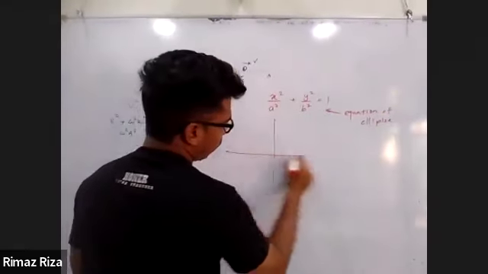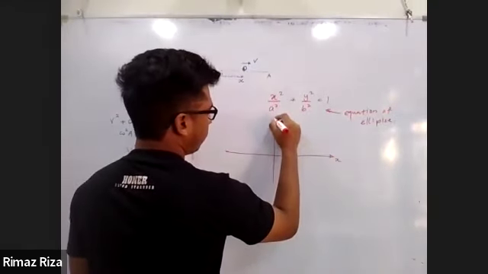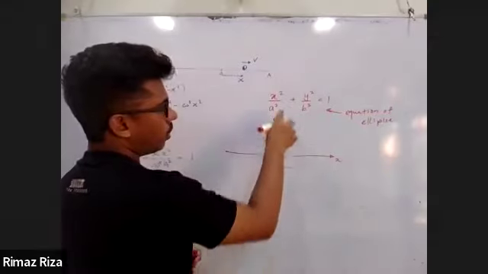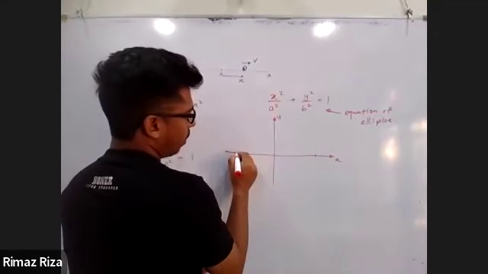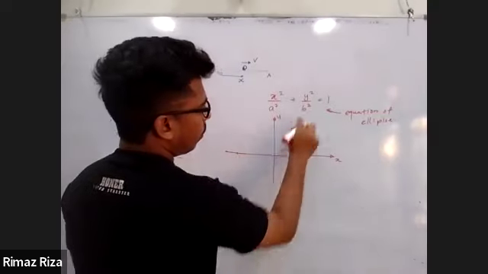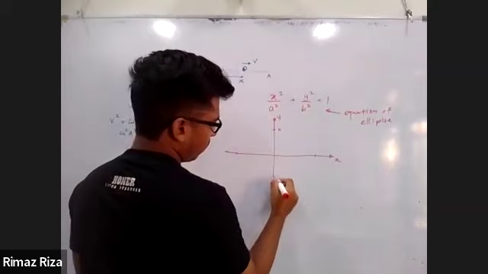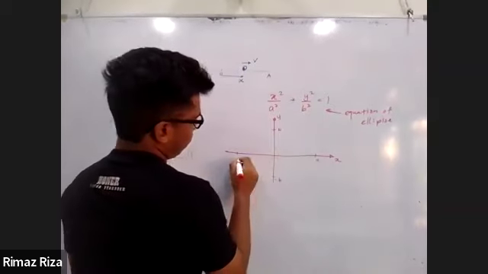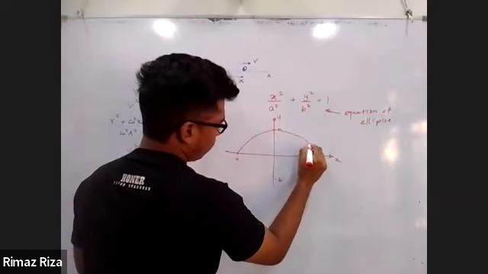So you have the coordinate axes, the xy plane, where x goes from plus a to minus a, and y from plus b to minus b. Then it is an ellipse.